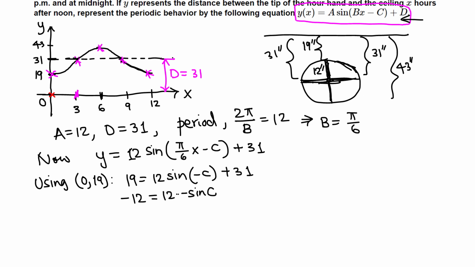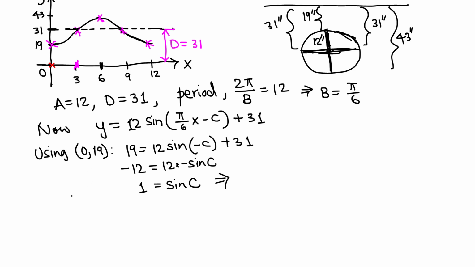Now divide by negative 12. We get 1 equals sine C. We want to find the smallest angle whose sine equals 1. Sine 90 degrees is 1, sine pi over 2 equals 1. That means C is pi over 2.